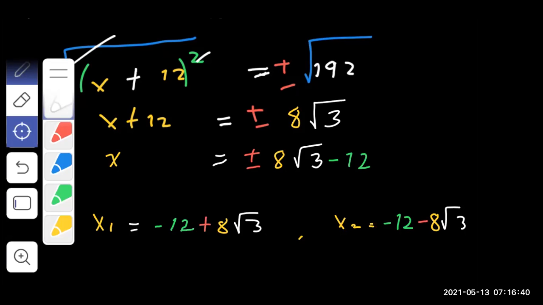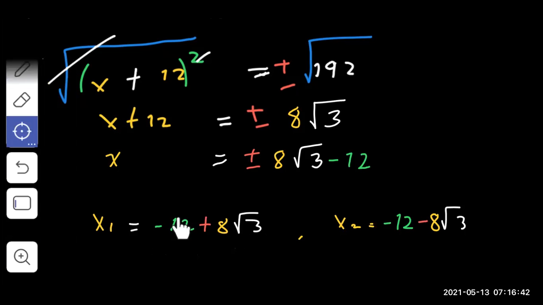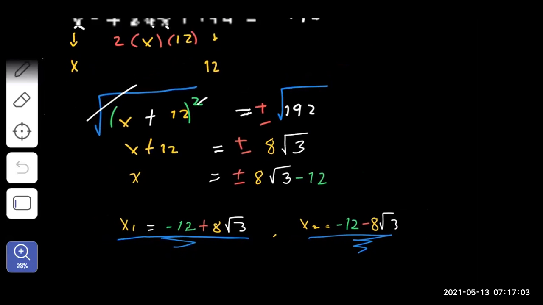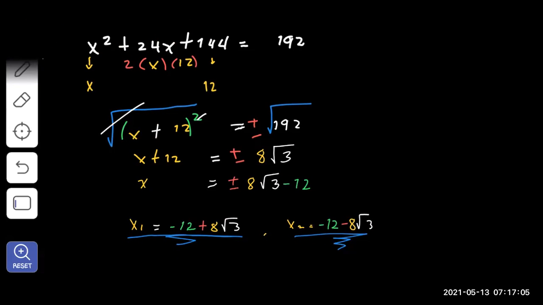In this case, guys, we leave it like that. You can use a calculator and put negative 12 plus 8 square root of 3, and that's going to give you a decimal number, but we're not going to use the decimal form. So this is the perfect solution. This is solution 1, and this is solution 2, which is not a whole number. So this is basically what we have to do when solving this quadratic equation by using the perfect trinomial.